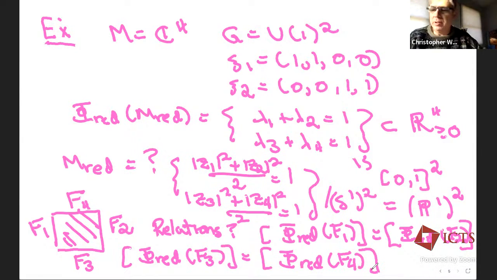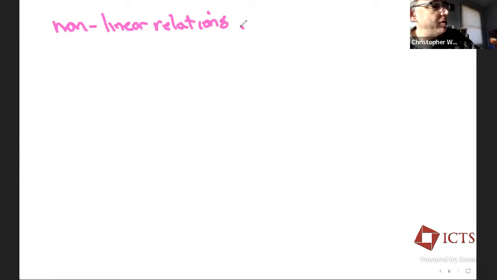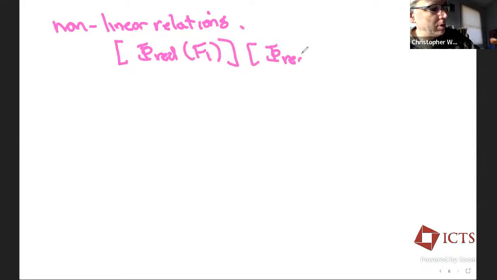So those are the linear relations, and then the nonlinear relation will be if I take the opposite faces. F1 and F2 don't intersect, and the same thing with F3 and F4.